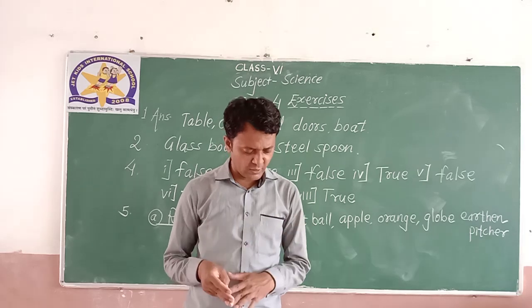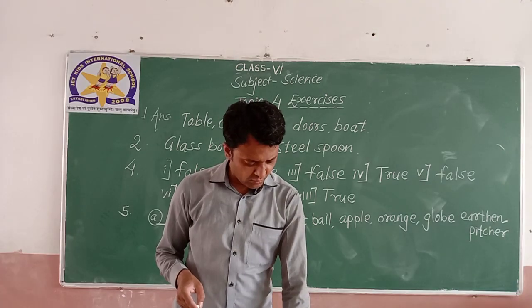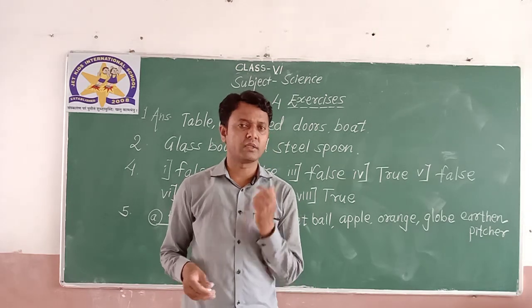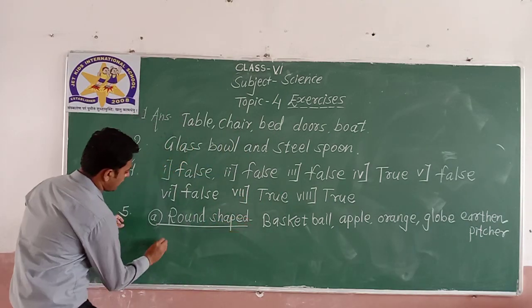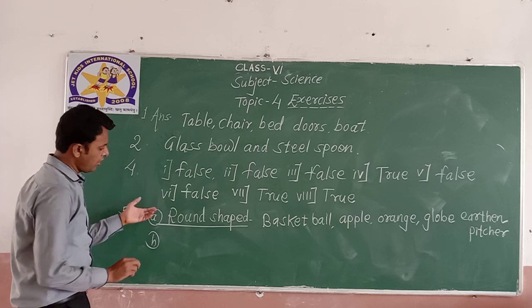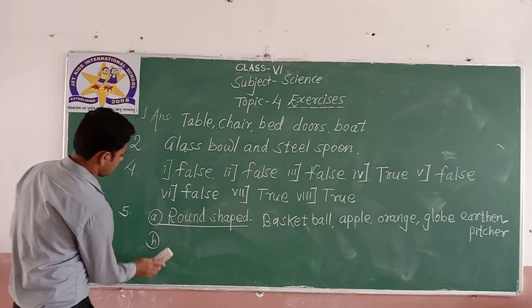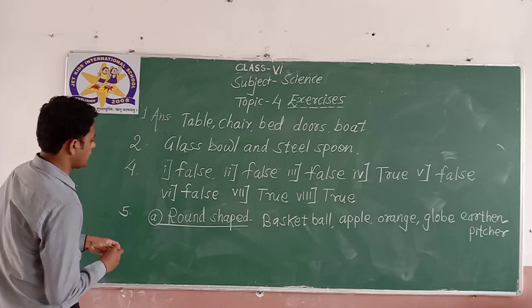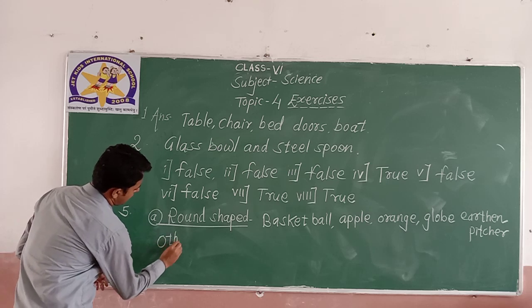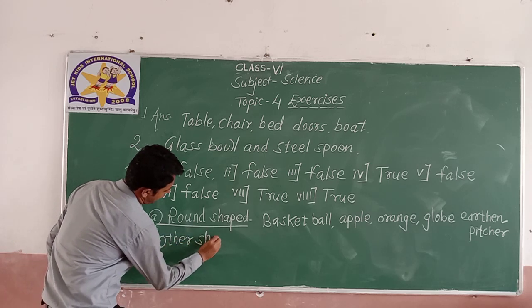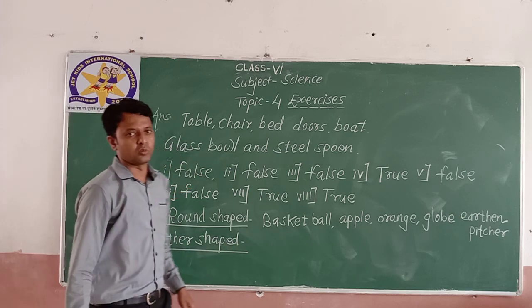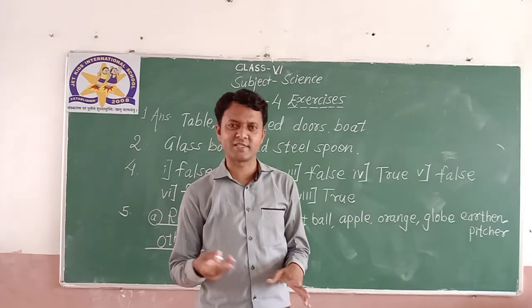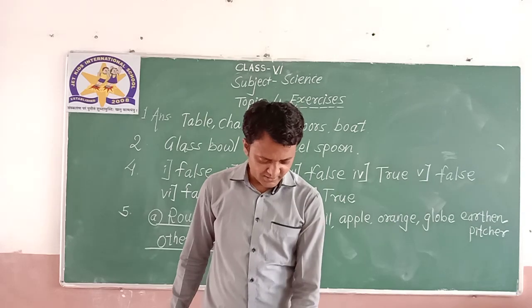Now we will categorize into round shape and other shape. Now other shape, B. Those that are not round in shape obviously have other shapes.